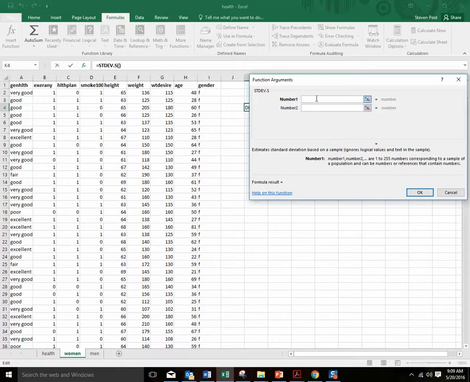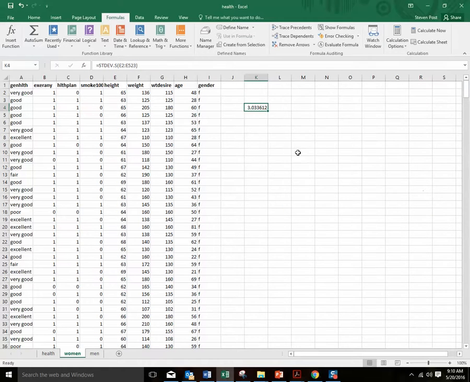And then where's the data? Well, we're interested in the heights of the women, so that's going to be in column E from 2 to 523. So E2 colon E523, and there's the standard deviation of 3.03. So that's one way of doing it.